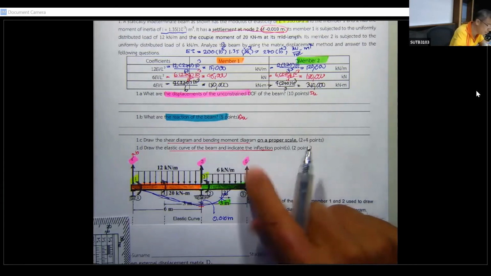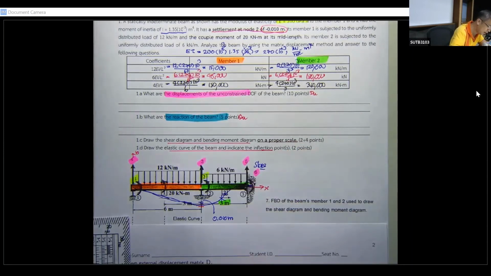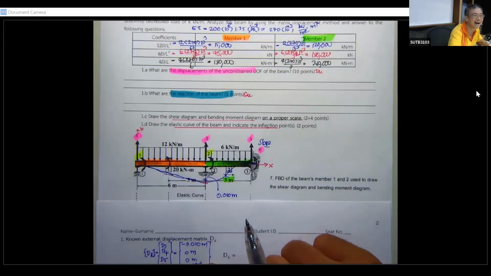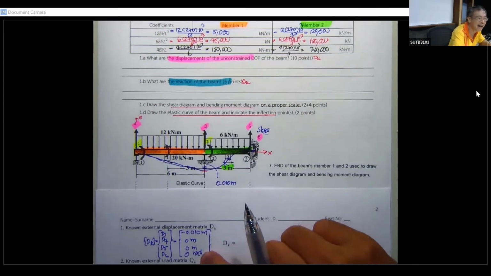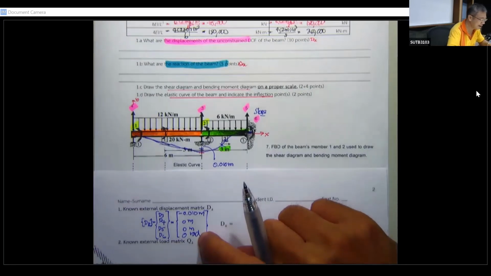This is slope, this is slope, so this is 0 radian. You need to classify the segment between the direct or linear displacement and the rotation displacement. Sorry, I didn't show you on this. Anyway, by doing this, it's going to be easy.